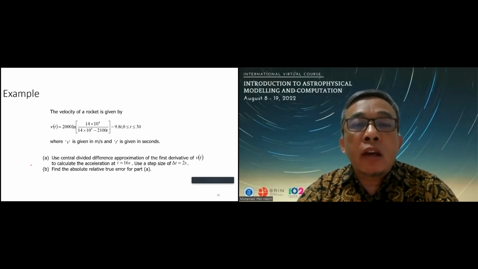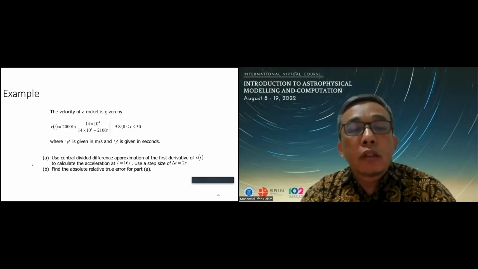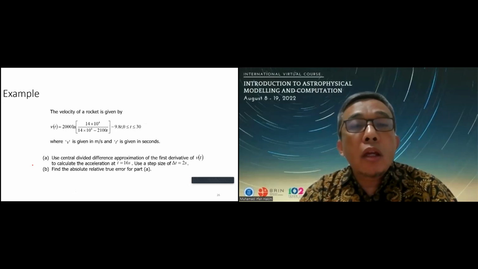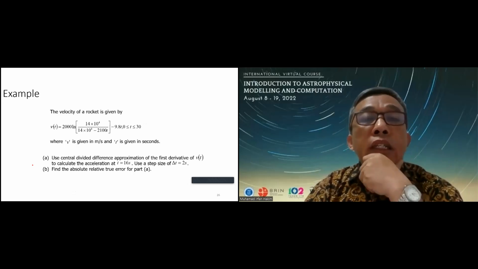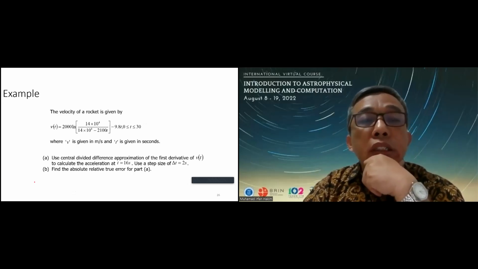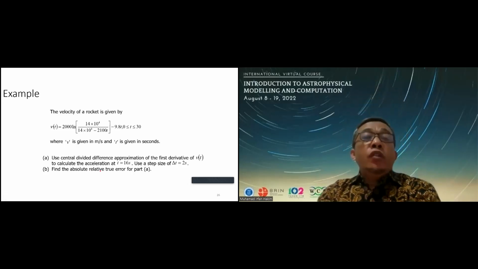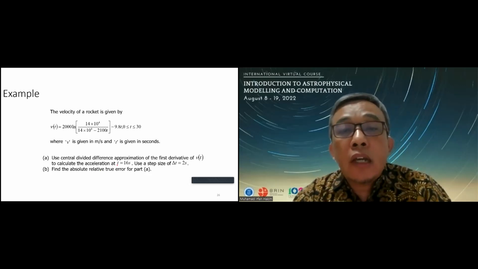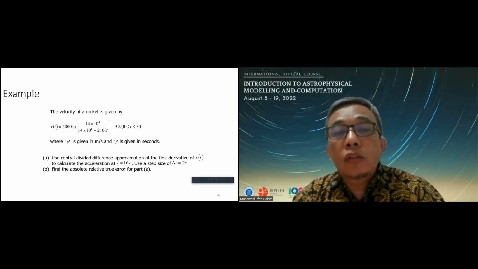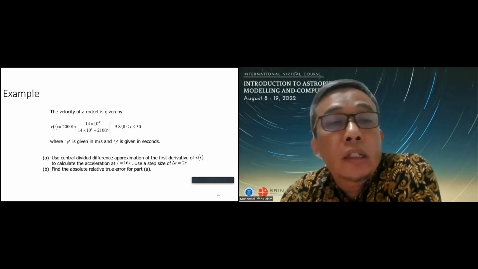This is an example of this method, the finite difference method, for the velocity of a rocket given by this function. We want to calculate the acceleration, which is one kind of ordinary differential equation, at time t equals 16 seconds, using a step size of 2 seconds.